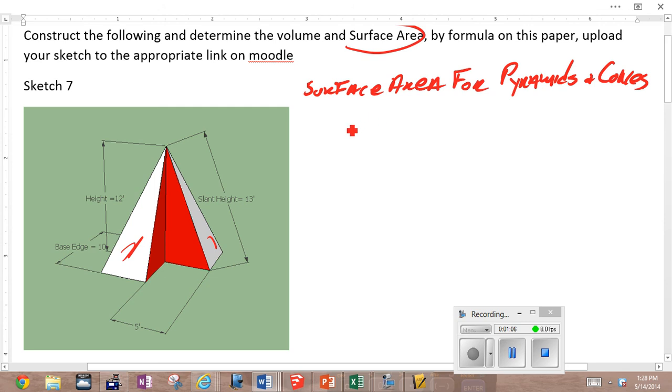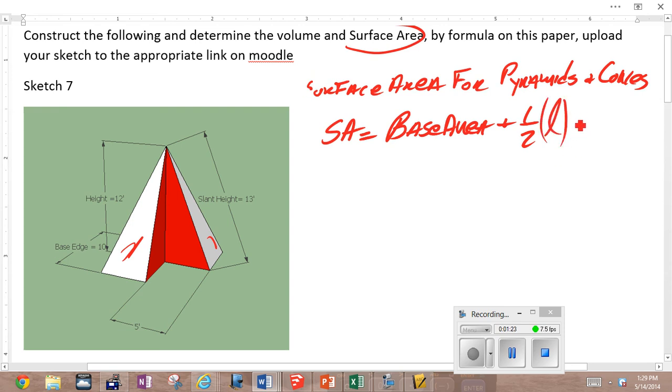The surface area, SA, is equal to the base area plus 1/2 the slant height, and usually we use the letter L for slant height, times the perimeter. And remember, L is the slant height.